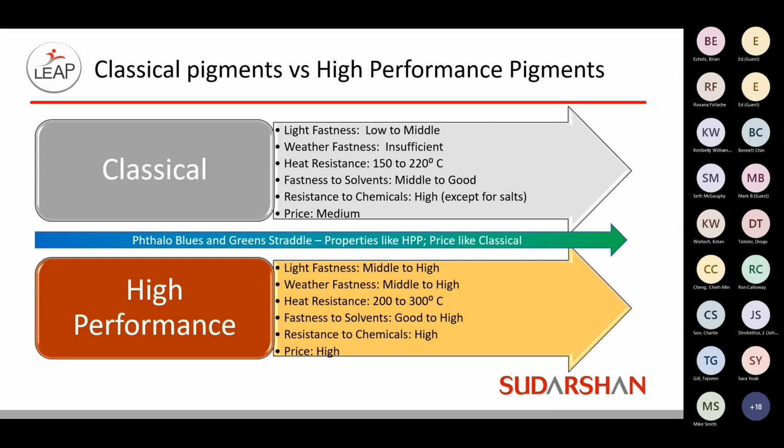However, they do have a lot of properties that are very similar to the high performance pigments, but in most cases they are priced more like classical pigments. So I've added an in-between category for blues and greens. And naphthols also tend to fall in the in-between area as well.